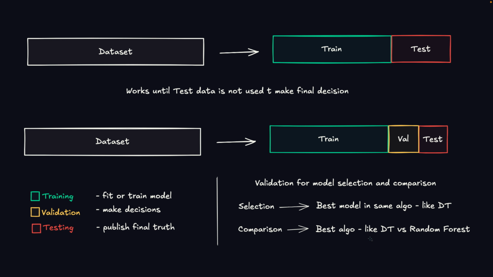Then once you have done that, you are picking a best performing model. So it doesn't matter what algorithm you pick, as long as you are picking a best performing model. That process is called model comparison. Again, like I said earlier, this is not a universal definition, but this is something that I like to keep in mind when I'm talking about model selection and model comparison.